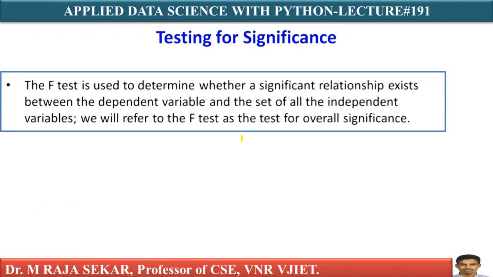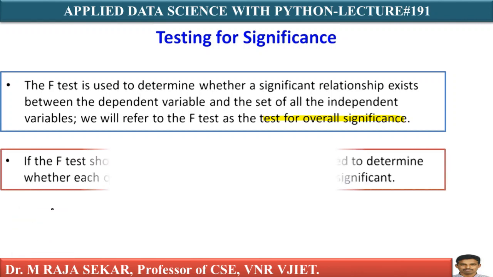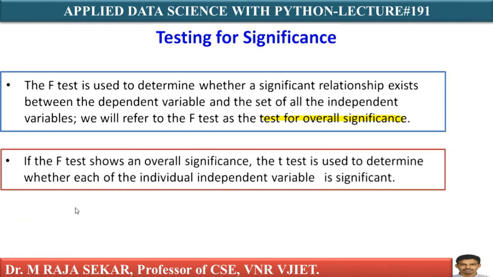This you must understand about the F test. What is the use of the F test? The test for overall significance means the test for the model. The F test tests the overall significance of the model. The T test is used to determine whether each individual independent variable is significant.